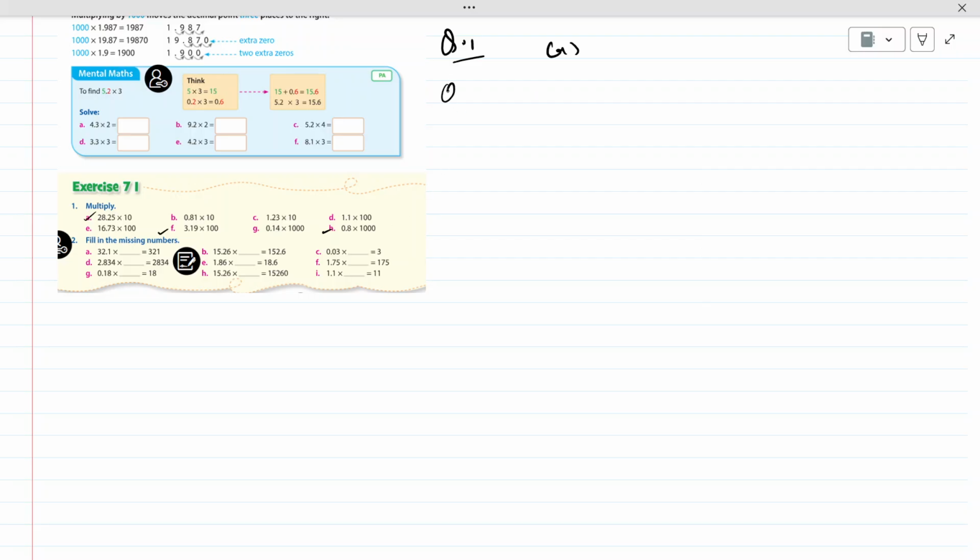Okay, so I'm picking question number 2, A part. In the A part, we have 32.1. We are multiplying this with a number such that we are getting 321. So if we see both of these, the first number is a decimal number, the second number is not a decimal number. That means the decimal has been moved towards the right, right?